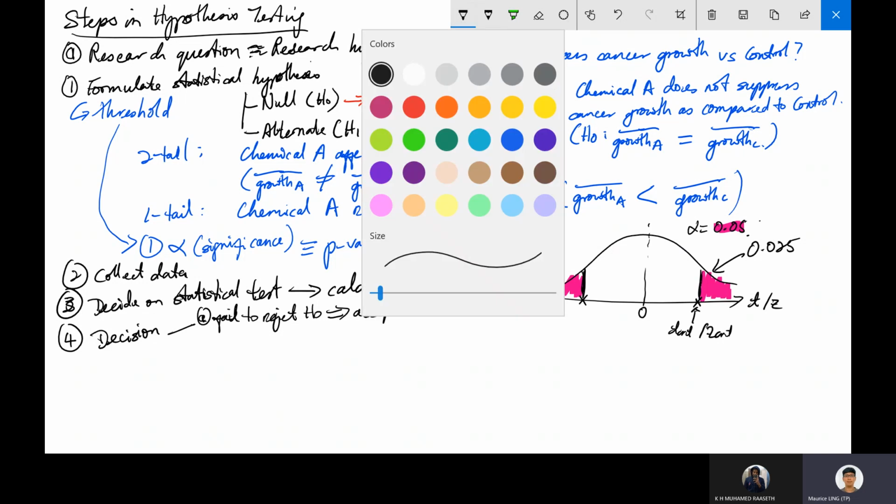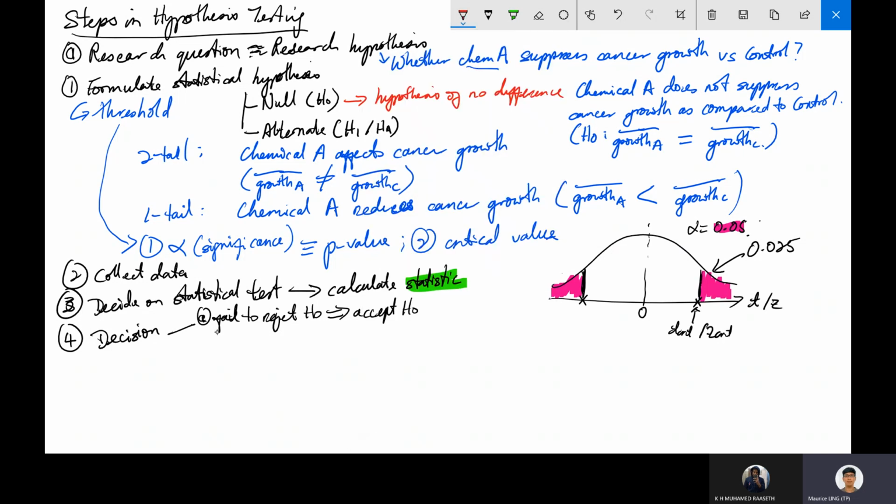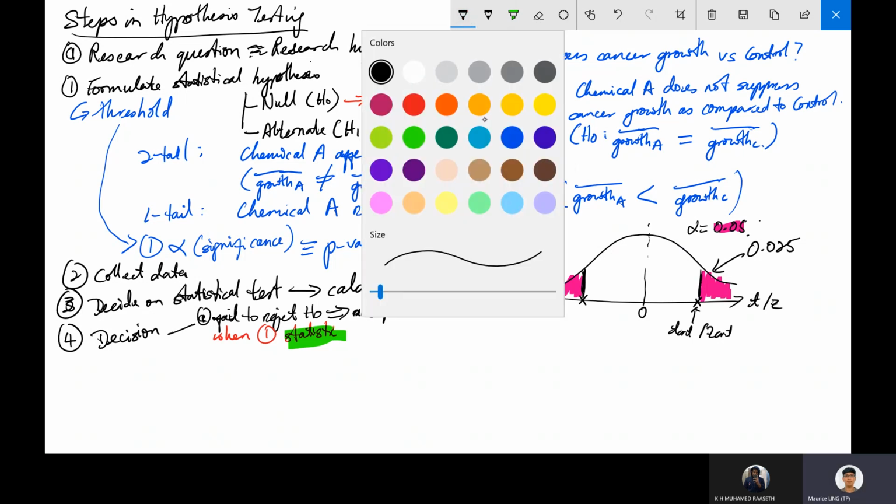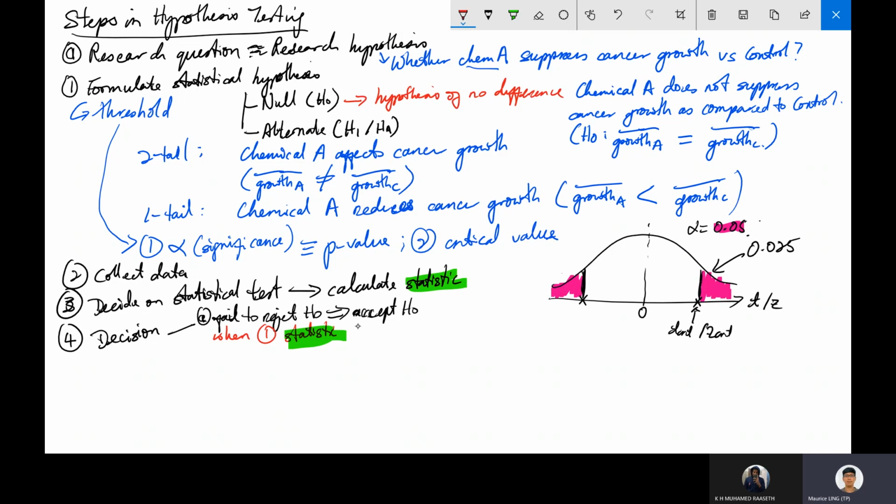So how do you accept the null hypothesis? You accept it when one of two conditions happens. Condition 1 is when the statistic you calculate is less than the critical value.